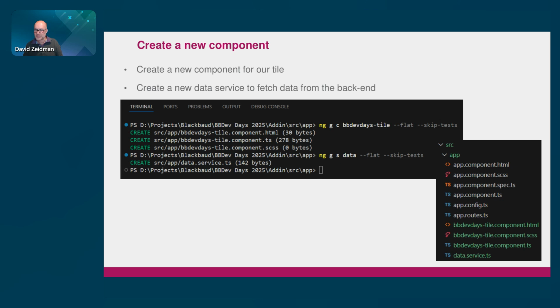So once you've done that, you should see those, in this case, the four files that have been created: the BB Dev Days tile component files, the HTML, the CSS, and the TypeScript files, as well as the TypeScript data service file. Right.